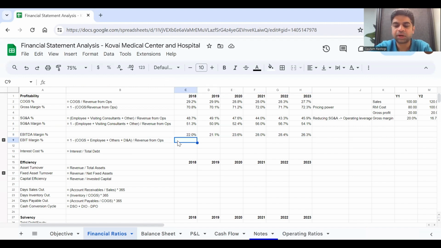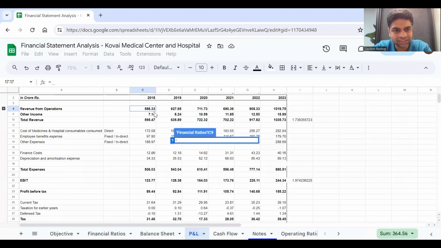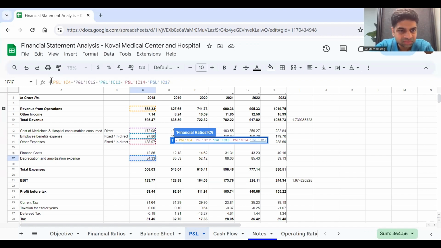So you take revenue from operations minus direct cost minus indirect cost minus depreciation and amortization as well, and then you divide it by revenue from operations.